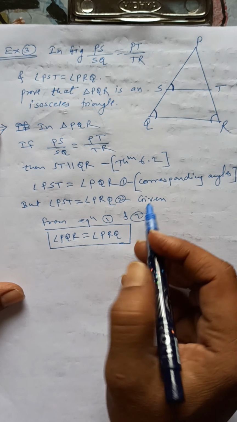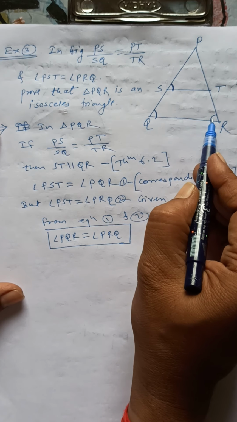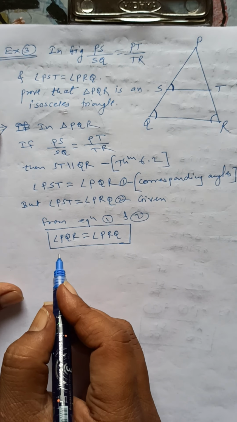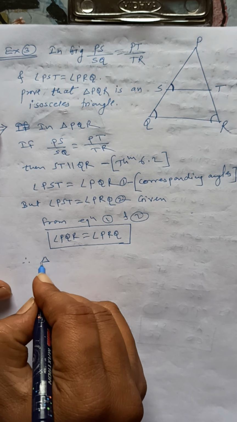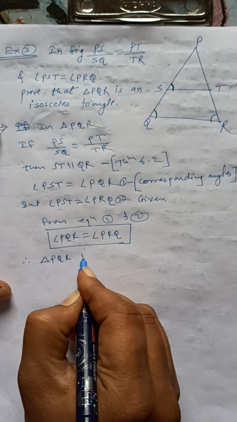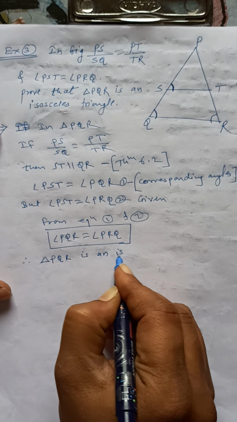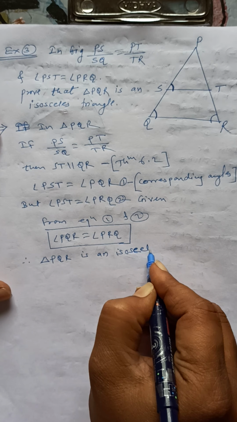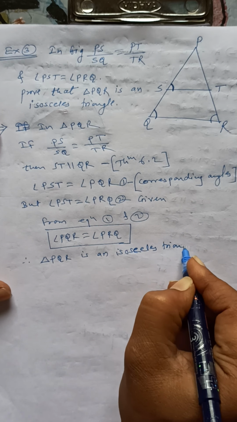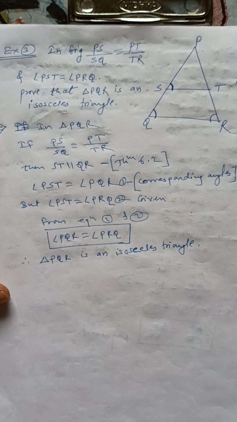So if two angles are equal, then that triangle is called an isosceles triangle. Therefore triangle PQR is an isosceles triangle. That's it.